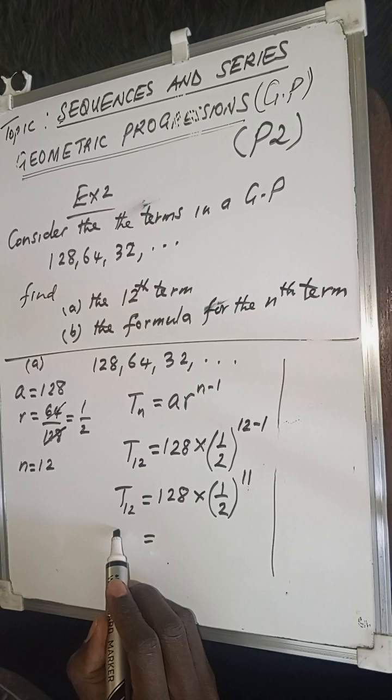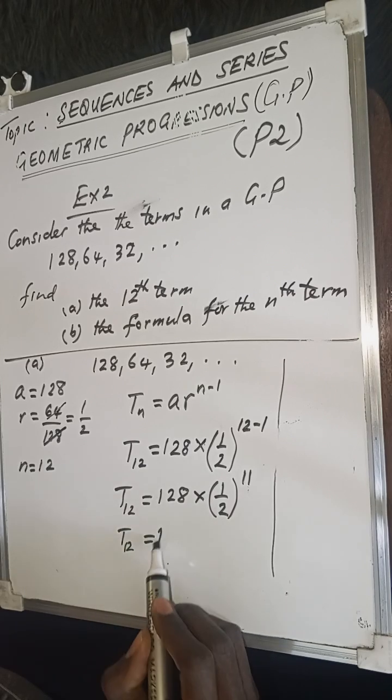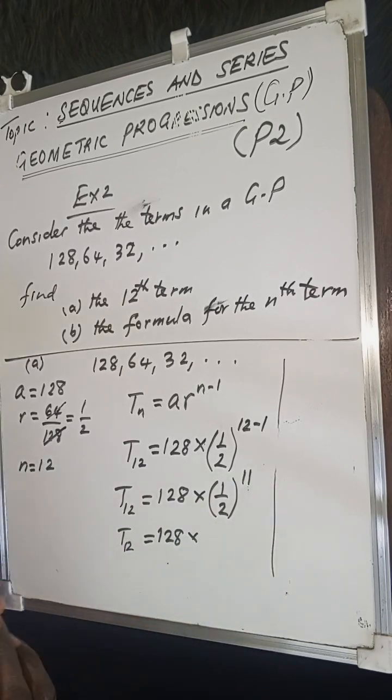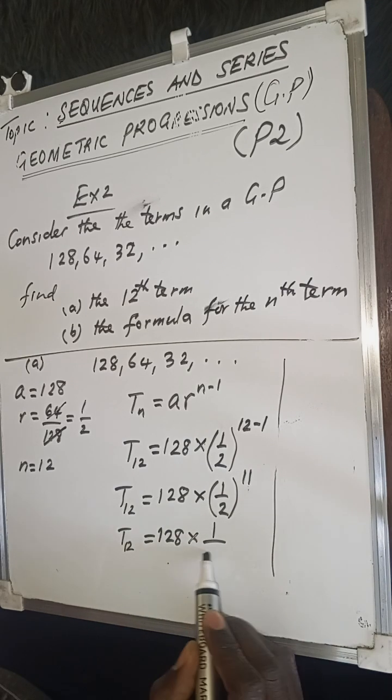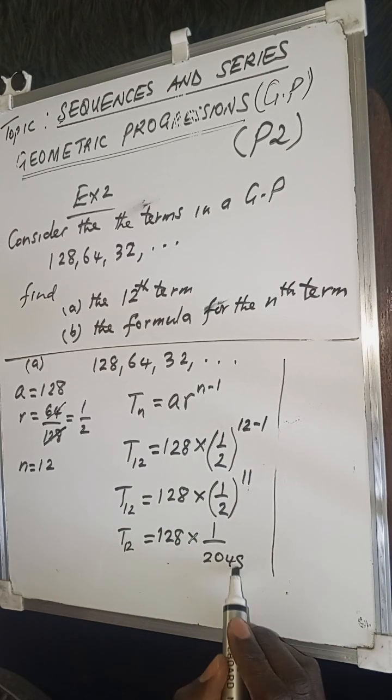Since in paper 2 they require you to use a calculator, you can just say, what is 1 over 2? So you can put that in your calculator, 1 over 2, close bracket, then you simply raise it to the power 11. So what is that giving me? It is simply giving me 1 over 2048.